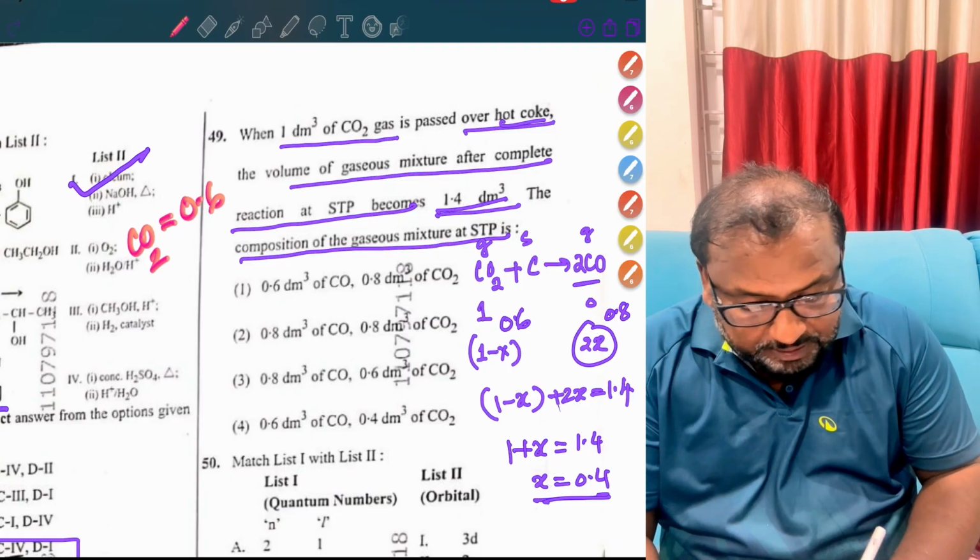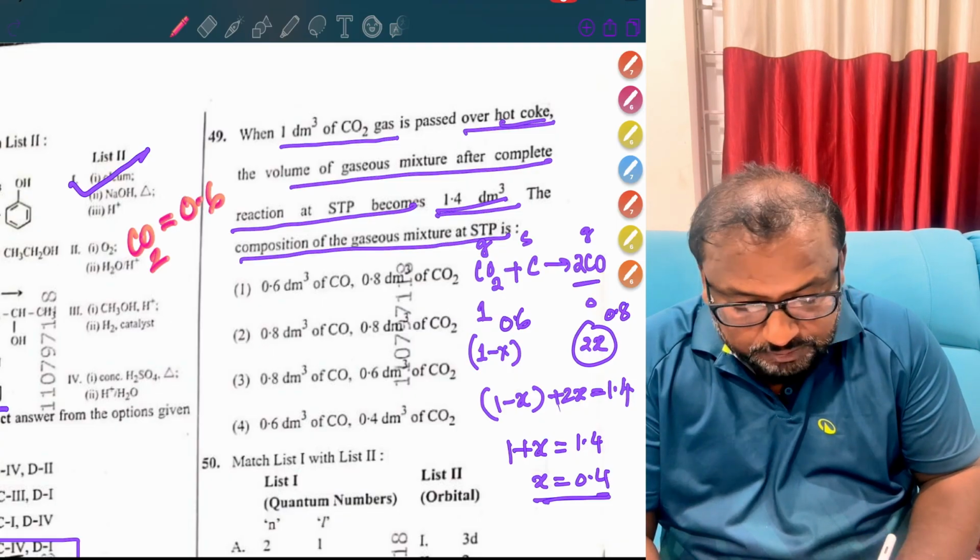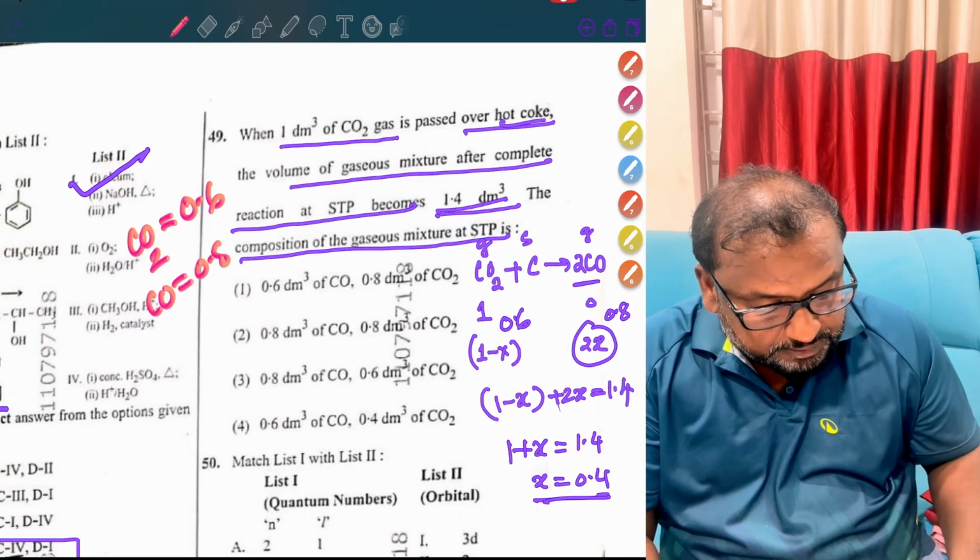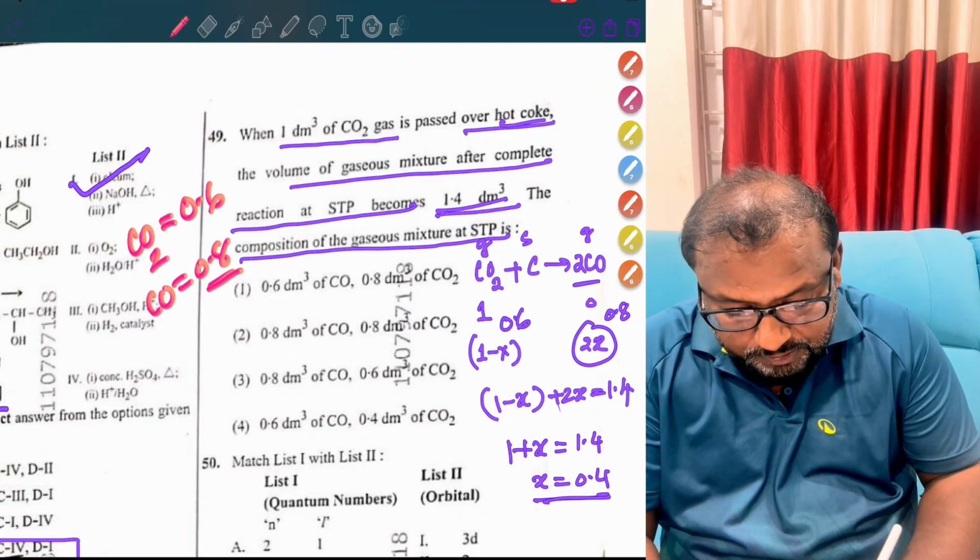So carbon dioxide is 0.6 and carbon monoxide is 0.8.